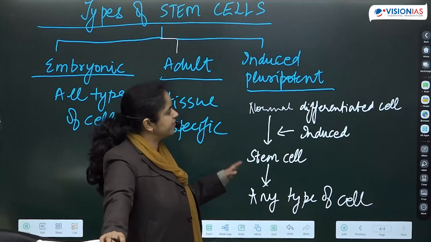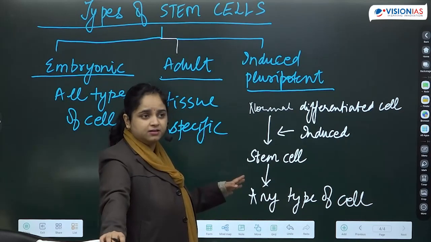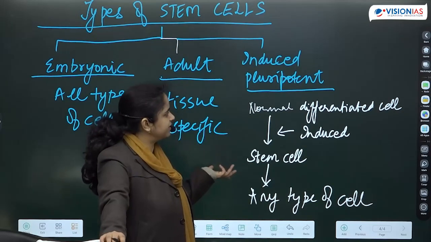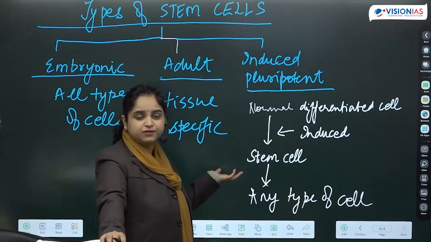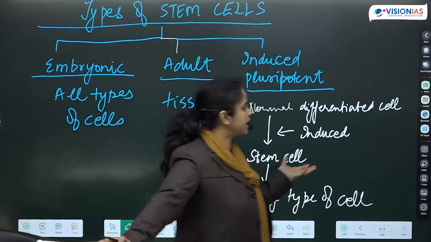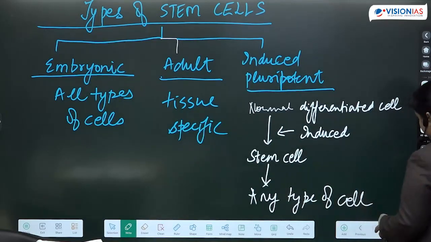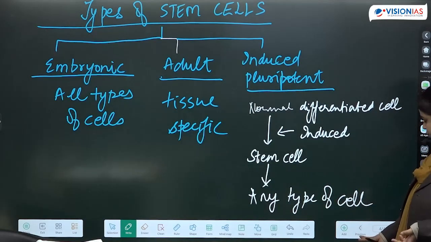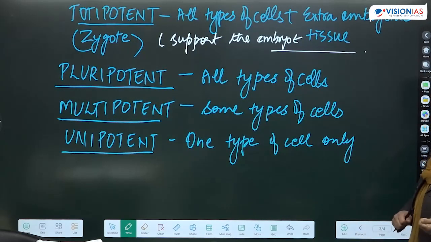This is a very, very significant experimentation. This has also received the Nobel Prize, and this is allowing us to do a lot of different kinds of research on stem cells because of its creation.